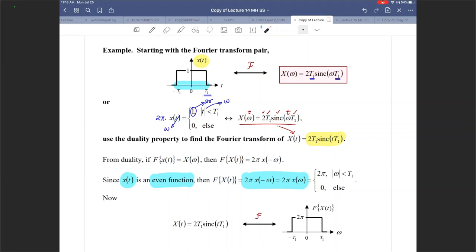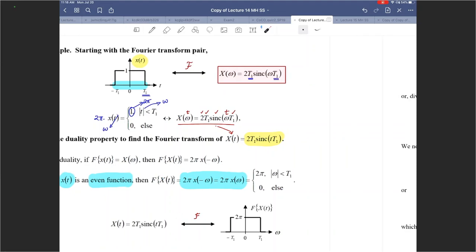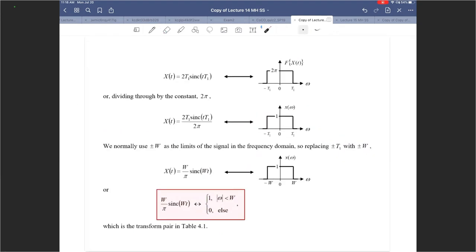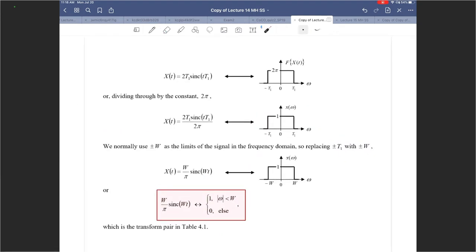All right, let's do a few more steps to write this result in a very nice manner. What we had earlier is the Fourier transform of x of t, which is 2 t1 sinc t1. The Fourier transform of that, we wrote as a rectangle with height 2 pi between negative t1 and t1.